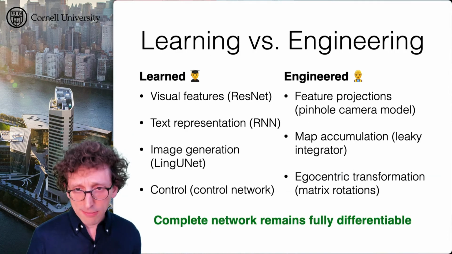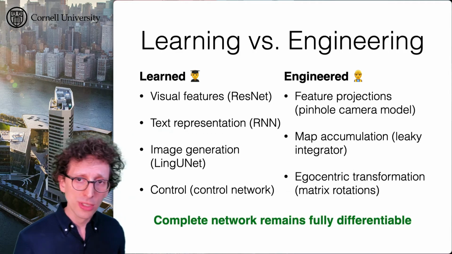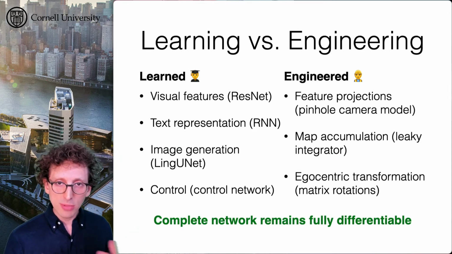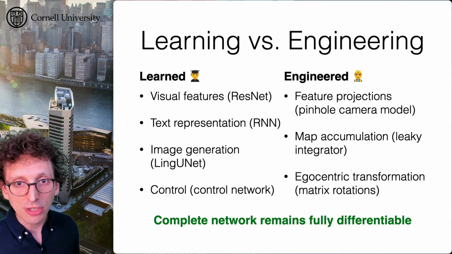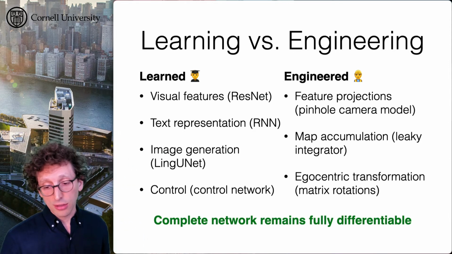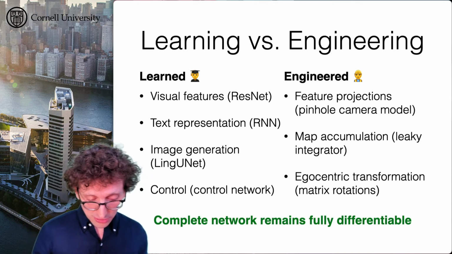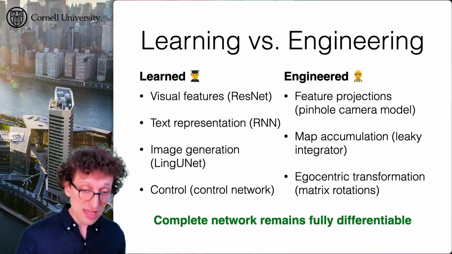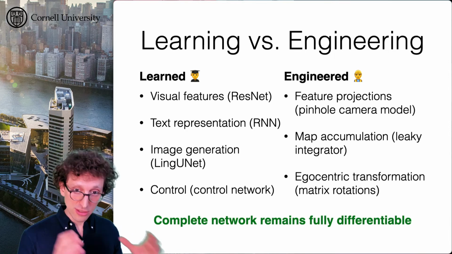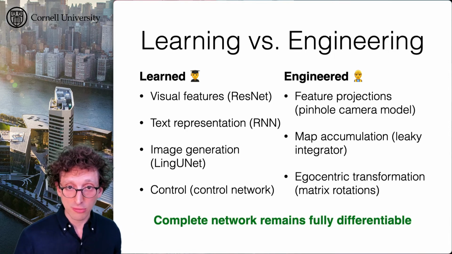Okay, so one important aspect to emphasize, to take away from this architecture is the balance between learning and engineering that it adopts. The architecture is designed to learn what we are actually pretty good at learning. So we can learn visual features using the ResNet architecture.